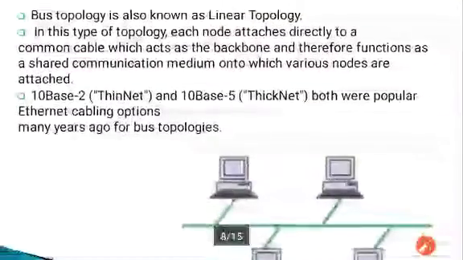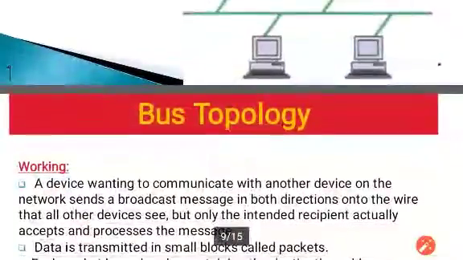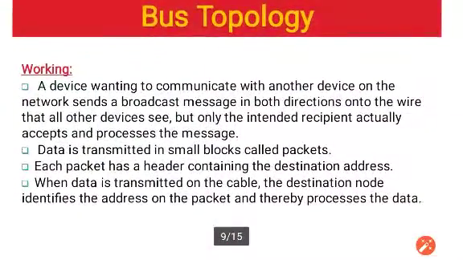Now let us understand how this bus topology works. A device wanting to communicate with another device on the network sends a message, it broadcasts. What do we mean by broadcast?